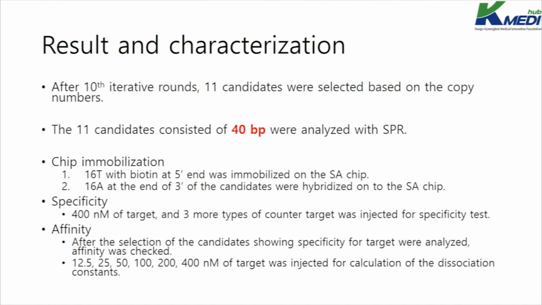So for the analysis of specificity, the main target and 3 other counter targets are analyzed, and for the affinity, 5 different concentration of target was analyzed with SPR.